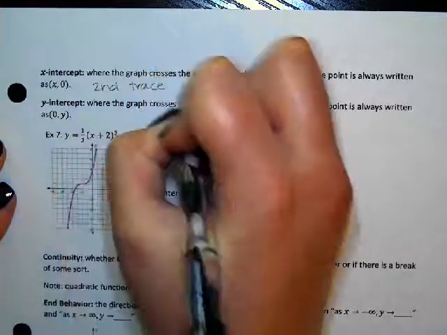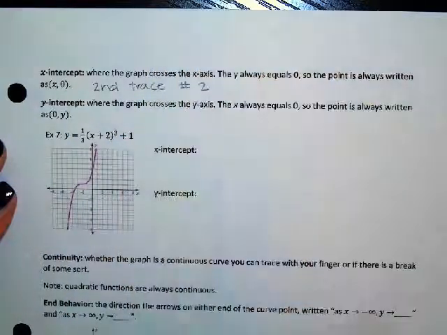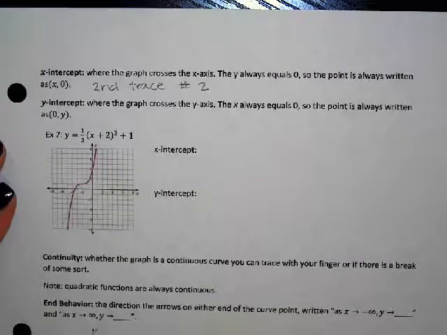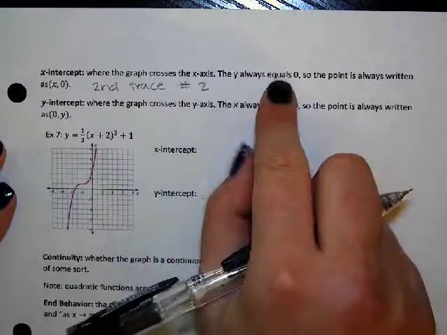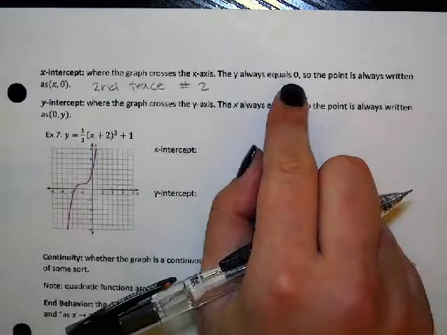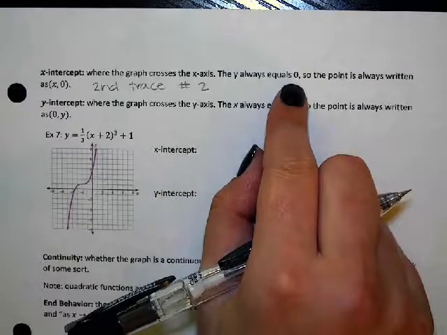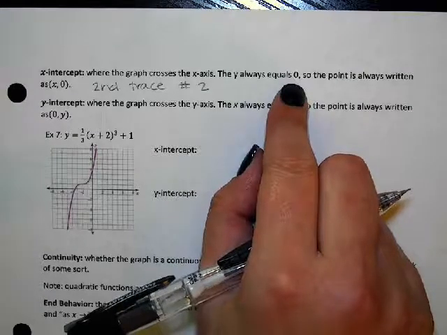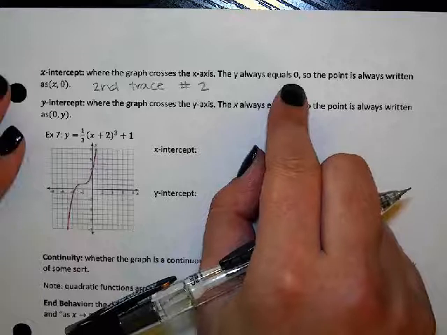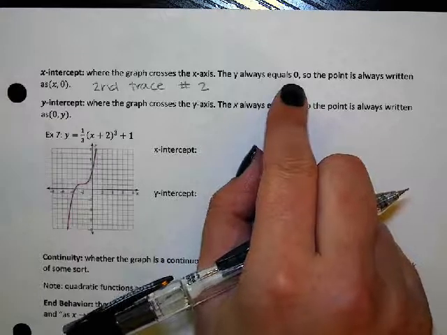That's because another word for x-intercept is the zero of the graph. The reason is that the y-coordinate is always 0. The y value is also called the function. Y equals the equation, so y is also called the function. When the function equals 0, that's when the graph equals 0. So they call them the zeros of the graph.